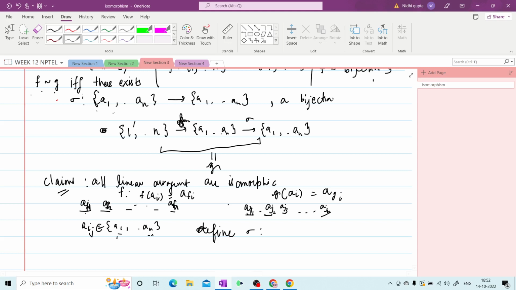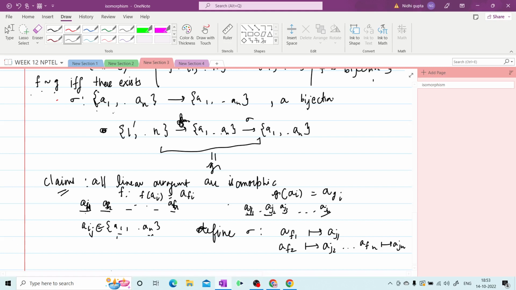So the corresponding function sends af1 to aj1, sigma defined as follows, where af1 goes to aj1, af2 goes to aj2, and afn goes to ajn.